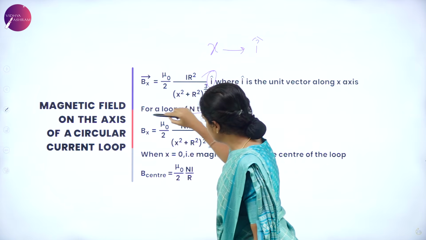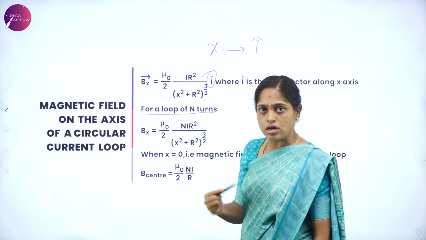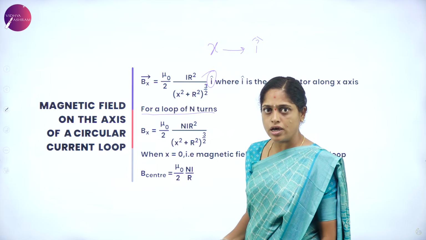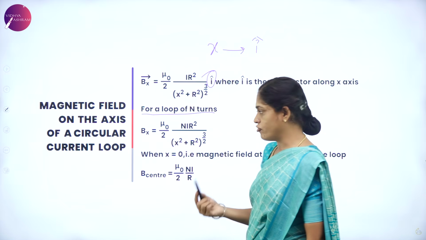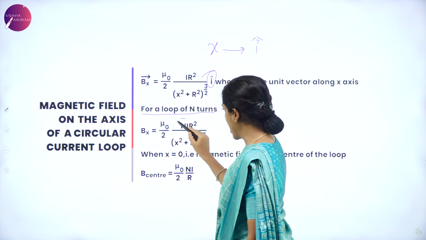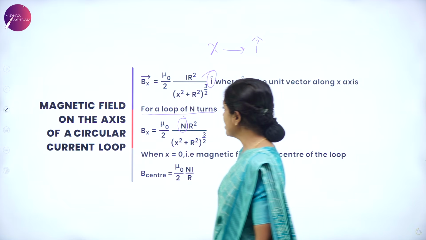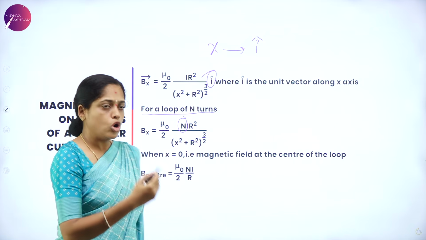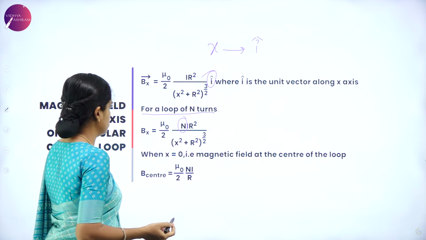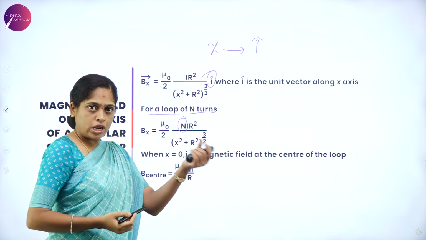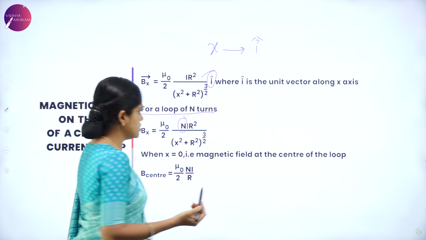If this circular loop has N turns, instead of one turn, then just add N to this equation. Capital N represents the total number of turns.